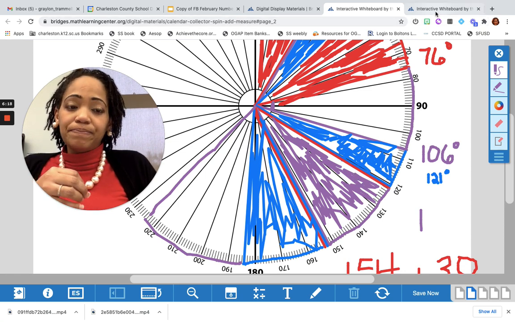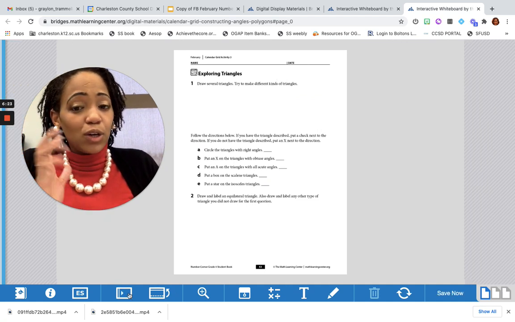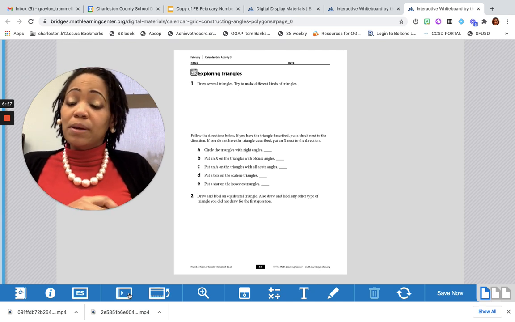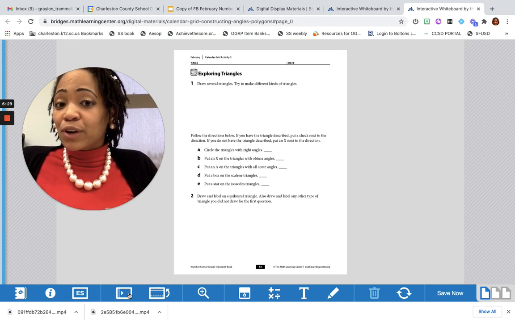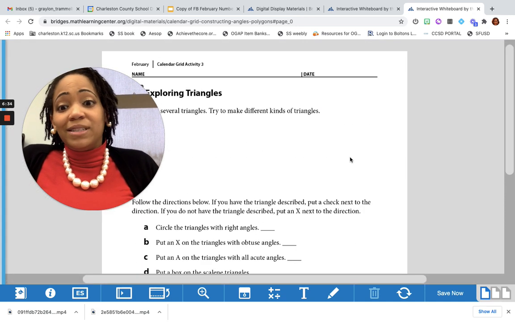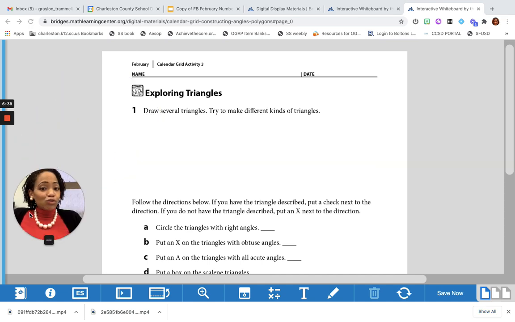Here's what you guys are responsible for doing today. I'm going to go over it very quickly, and then you're going to be working independently because remember, you are responsible for your learning, okay? Number one, it's titled Exploring Triangles, and so we're going to be exploring triangles. You guys are going to draw different triangles. You may recall some of the triangles that we've seen via our calendar grid.